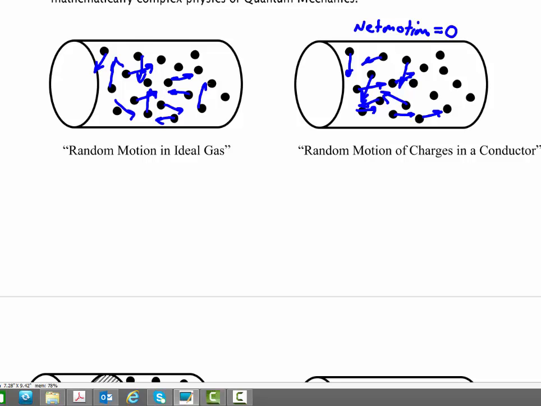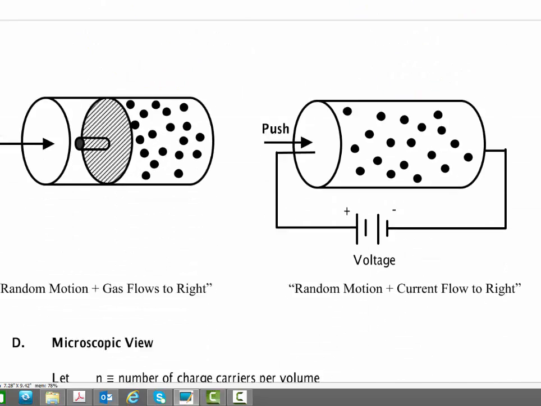So how do you get a gas to move? Well, you give a pressure to it, and that gives them a net motion, for instance, to the side, even though they're still bouncing in all directions. In the same way, we give a force pushing these electrons, and we give that force with an electric field. We are going to do that by usually hooking it up to, for instance, a battery.